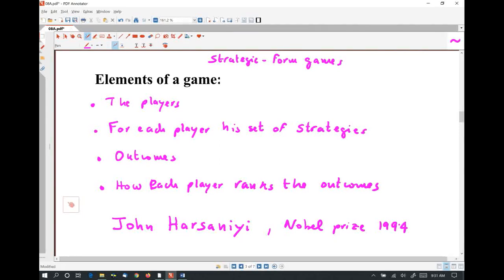The uncertainty about how each player ranks the outcomes. So suppose that the hostage takers have said, instead of saying we'll blow up the bank, they've said bring us a helicopter, otherwise we will shoot all the hostages. Now that's something they most likely can do, but then the police can be uncertain as to whether they will do it.